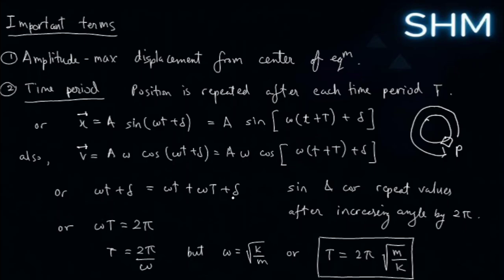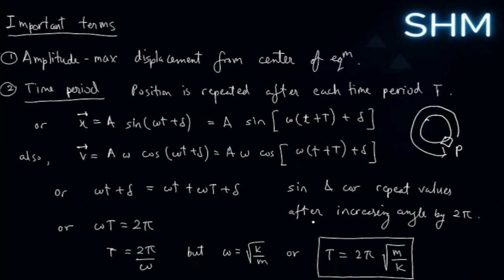Now we can cancel out delta and omega t and omega t. What we figure from that is the value of sine and cos will repeat after an angle interval of 2 pi. Sine 0 is equivalent to sine 2 pi, equivalent to sine 4 pi, and so on. Same goes for cos 0, right?